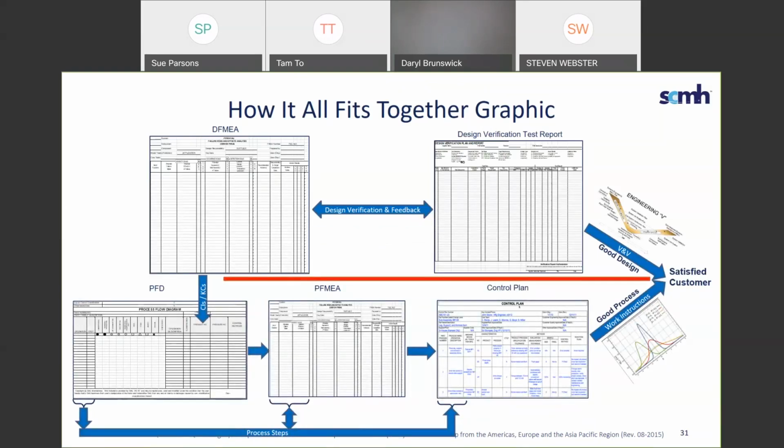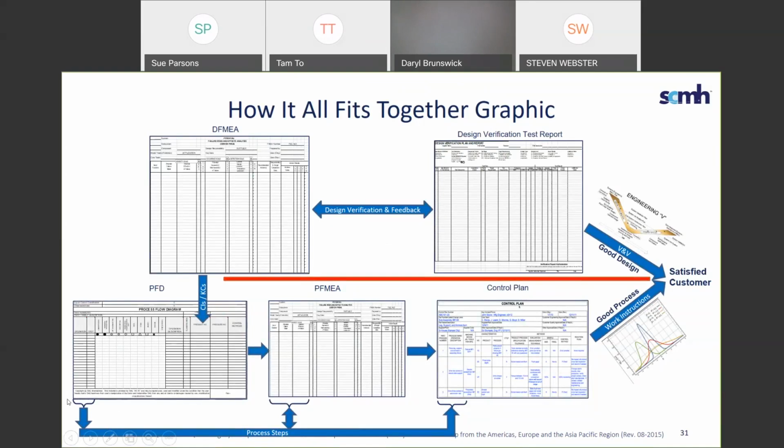Looking at the bottom, you can see that I have an arrow going across with the process steps. From the process flow diagram, you define all the process steps, which ideally define the scope of the PFMEA, and all those steps get transferred across, and then you actually work the PFMEA based on the different processes.